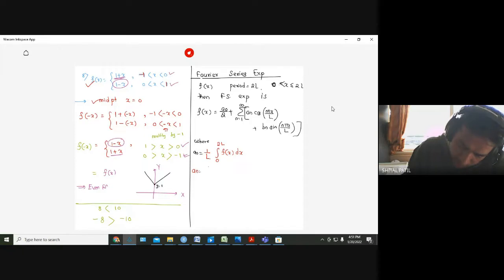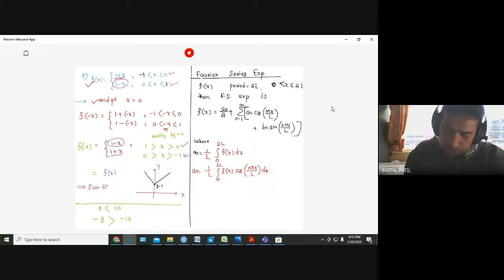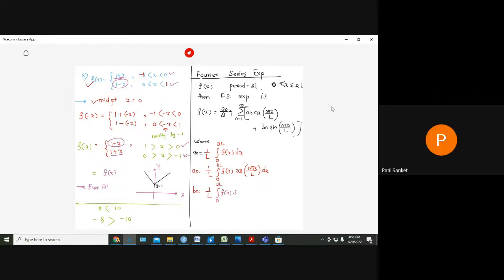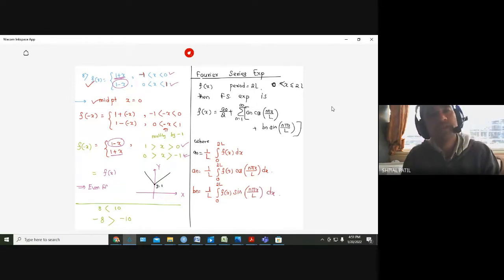What about a n? 1 upon L, integral 0 to 2L of f of x cos of n pi x upon L dx. Very good. And what about the b n? Same, f of x sine of n pi x upon L dx. This we already studied.